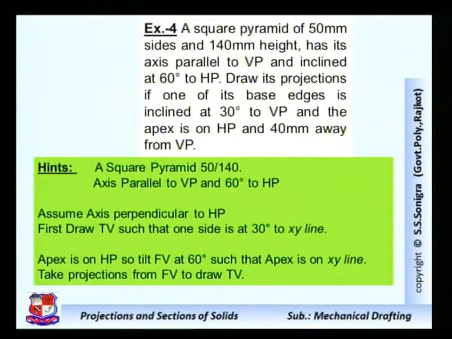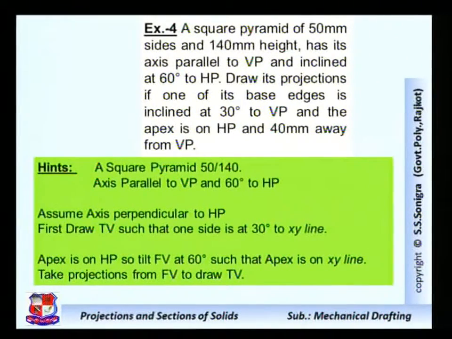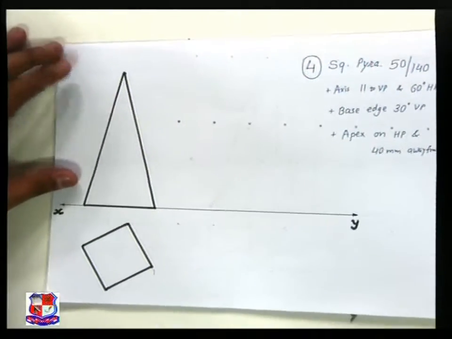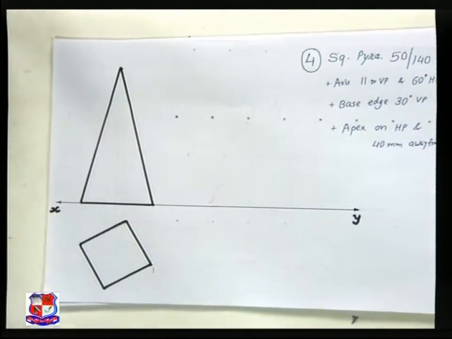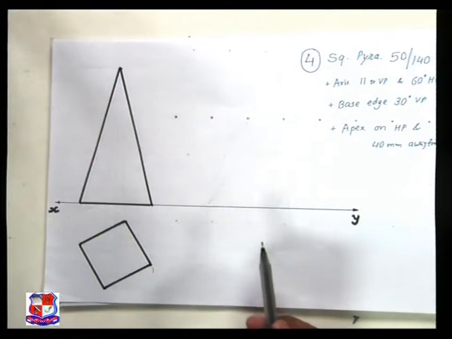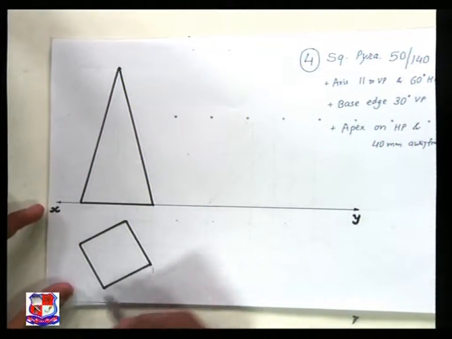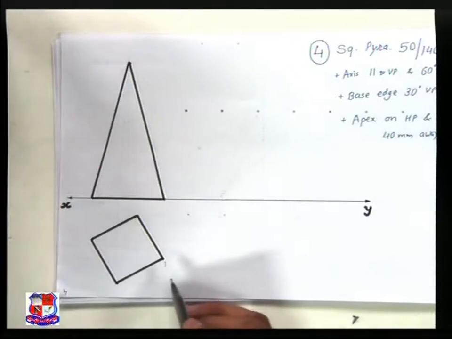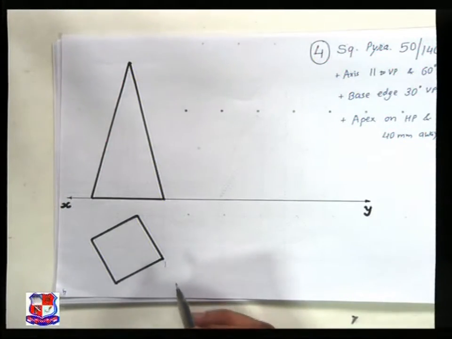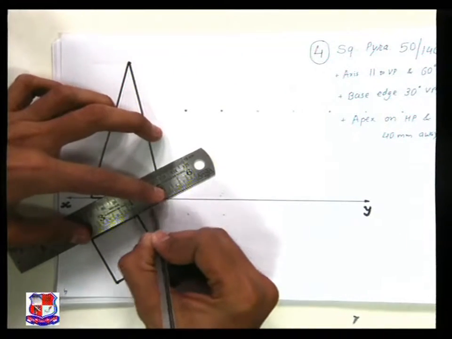So the first step we would draw like this. You can write the short data like this as well. Here square pyramid is given and the base edge is 30 degree to VP. So we have to draw a square below XY line such that this base makes an angle of 30 degree with XY line like this.